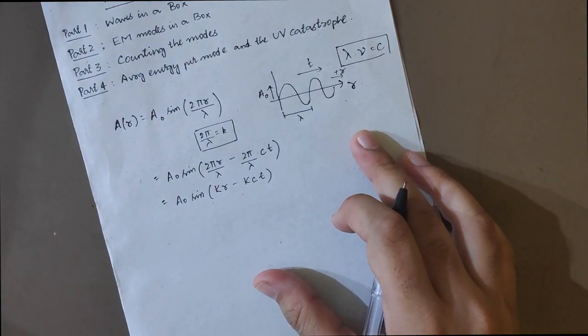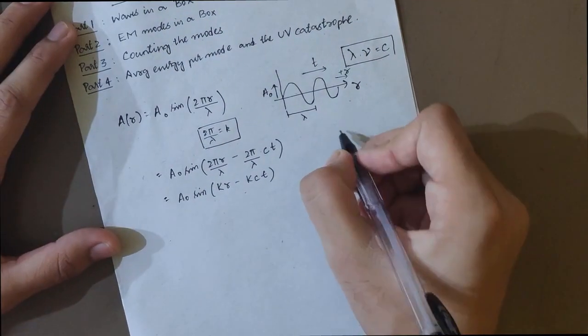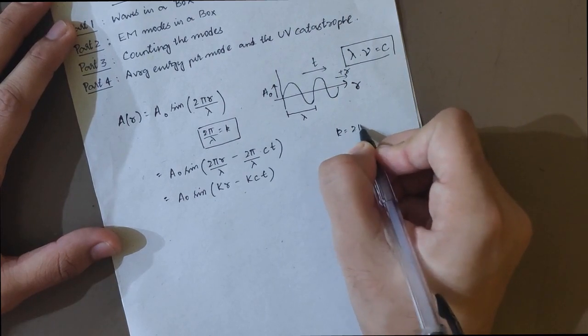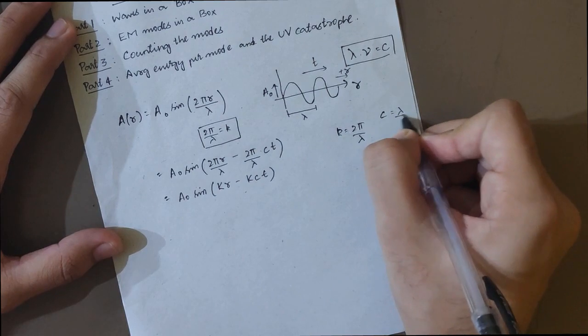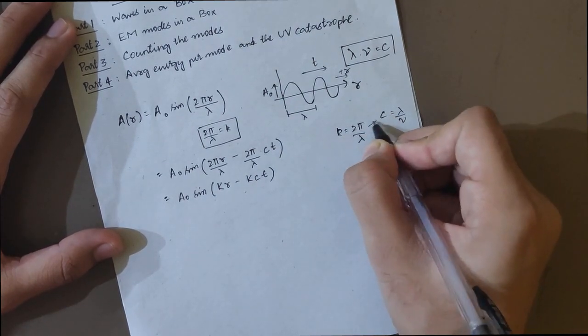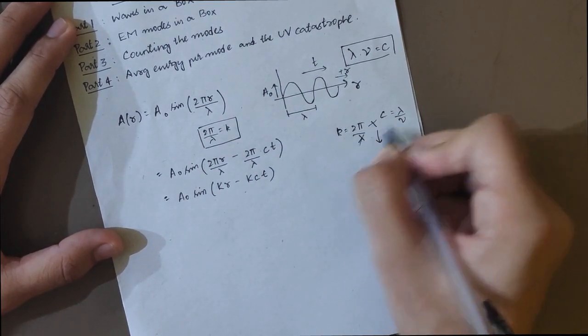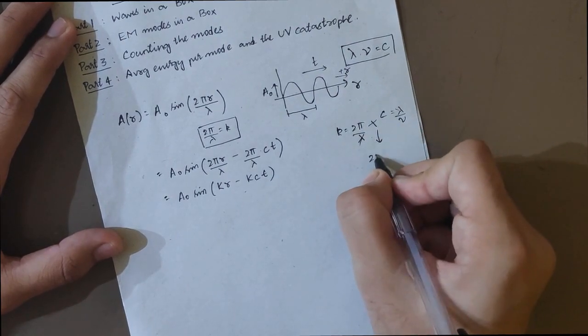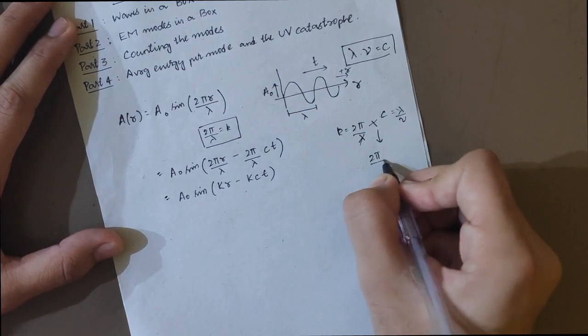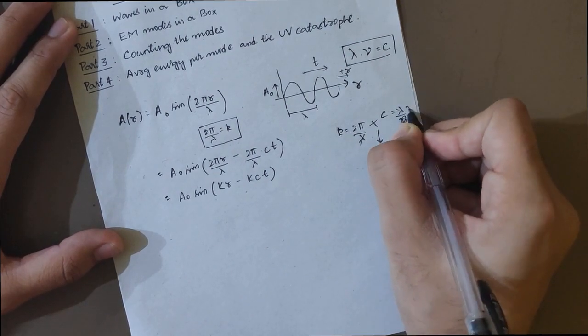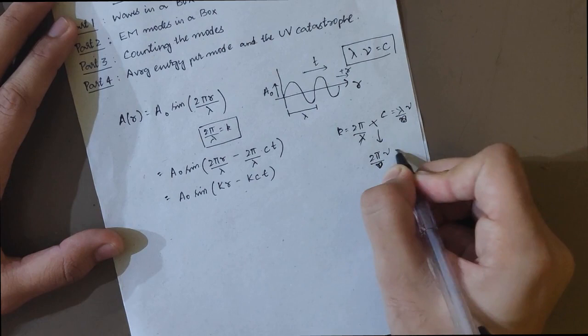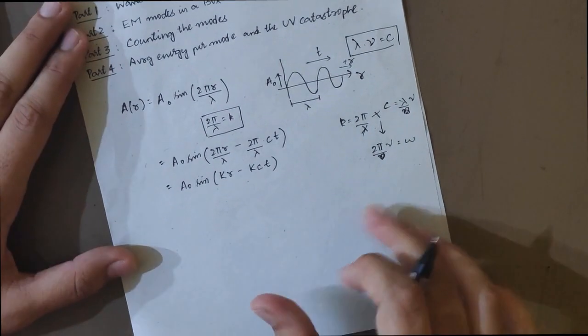Now kct you can further simplify. k is 2 pi by lambda and c is nothing but lambda into mu. So in k into c, the lambda cancels, leaving 2 pi mu, and this is equal to omega, the angular frequency, right?